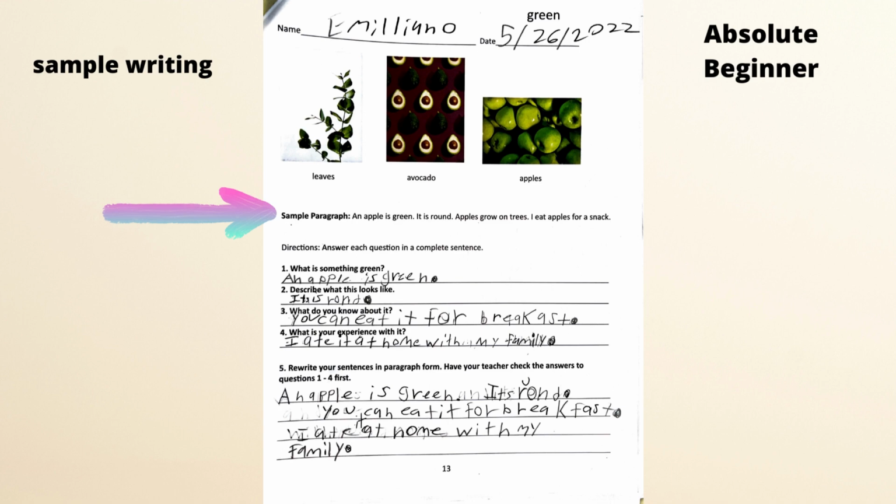Here we have a sample piece of writing by a special needs writer. You'll notice that a sample 4-sentence paragraph was made for the student to use as a reference. It's highlighted with the pink and blue arrow. You'll also notice that the responses to questions 1 to 4 met the task of the checklist I showed in the previous slide.